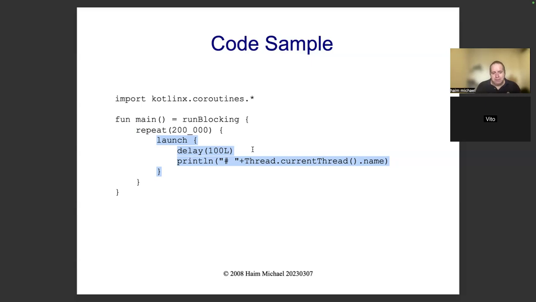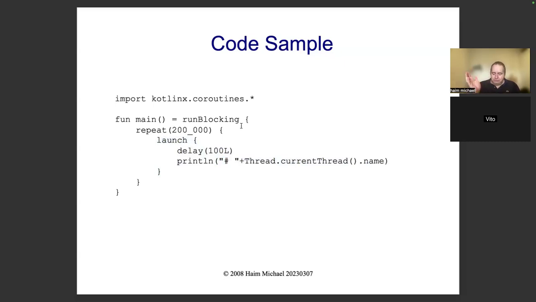200,000 threads means 200,000 native threads the operating system needs to handle. It is way beyond the capability of most computers. Give it a try. But here, this code runs successfully. We don't have 200,000 native threads.